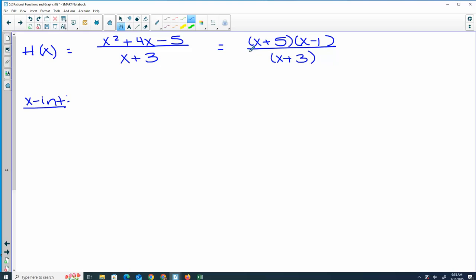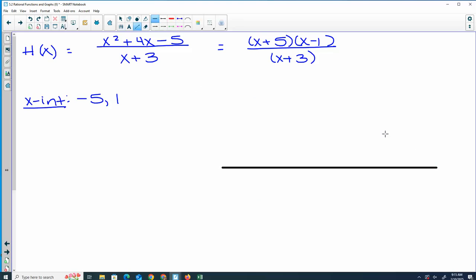What makes x plus 5 equal 0? And what makes x minus 1 equal 0? So I know 2 places I'm going to hit my x-axis.